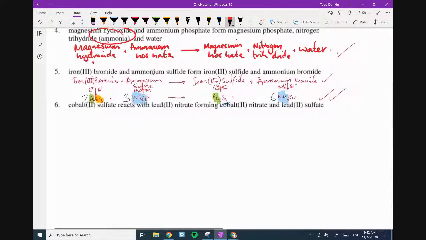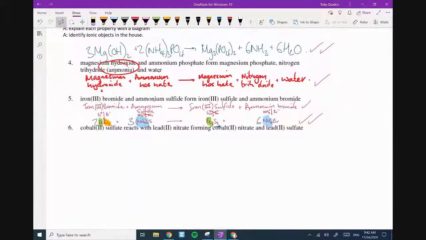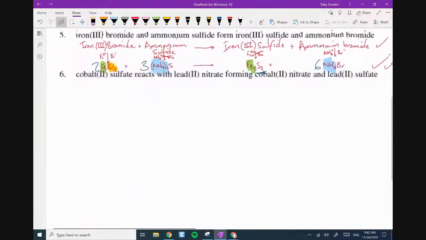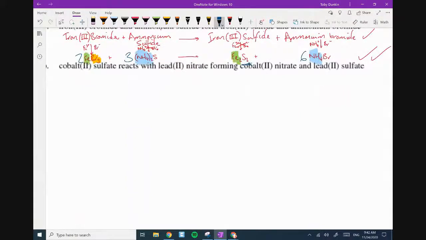So each of these equations is worth 3 marks, guys. I've given you 10 questions on the worksheet, so it's going to be out of 30. Right, final one before we move on to my lesson. So we've got cobalt 2 sulfate reacts with lead 2 nitrate to form, arrow, forming cobalt 2 nitrate.